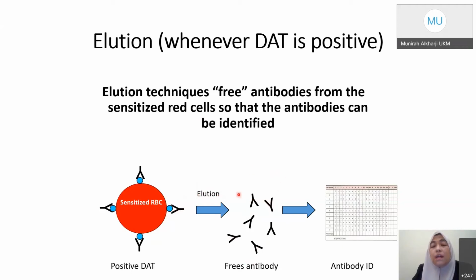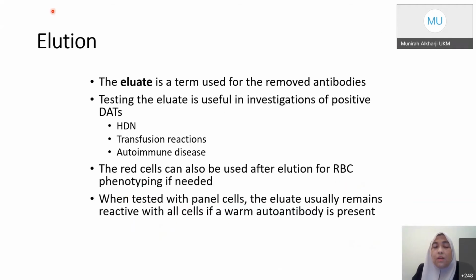After we do the elution test, with the eluate we can do the panel investigation and it can show the specific antibodies. The eluate is a term used for the removed antibodies. Testing the eluate is useful in investigation of a positive direct Coombs test, for example in cases like HDFN, transfusion reaction, or autoimmune diseases.